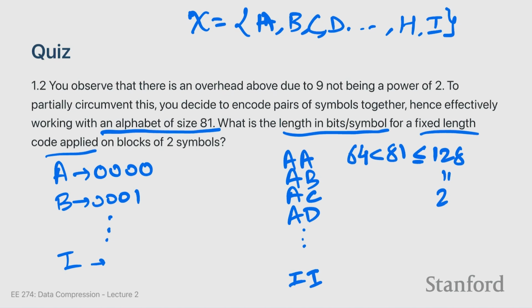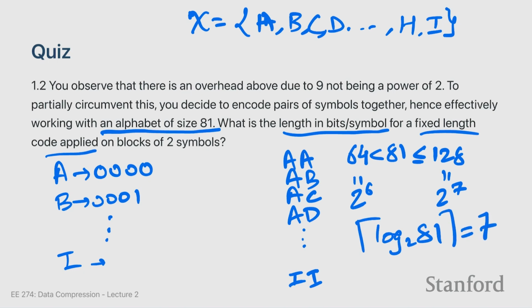This is 2 to the 7, this is 2 to the 6. So if you calculate this, it will be 7. So many of you got it correct that you need 7 bits to represent this pair. So AA becomes 7 bits, 0000000, and then so on for the other pairs.